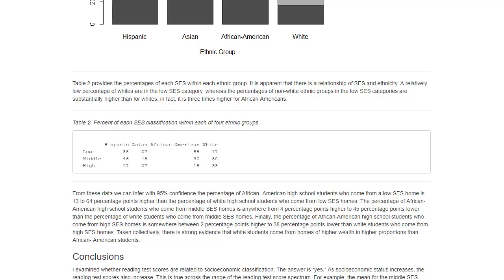I'm not 95% confident. Again, I'll reiterate, statistics is about gathering evidence. The evidence here is not as strong as I would like, that more white students are going to come from middle SES homes, but there is evidence that that's the case.